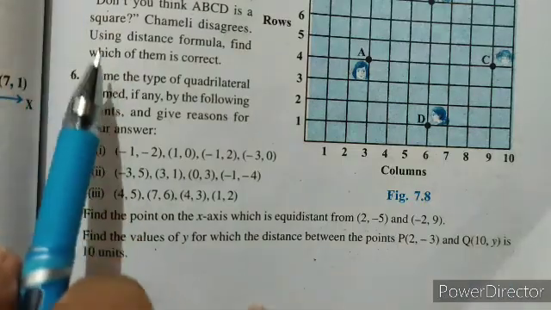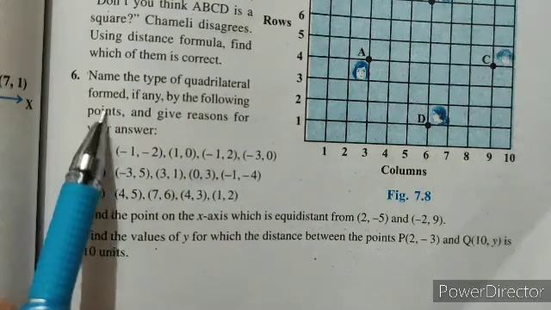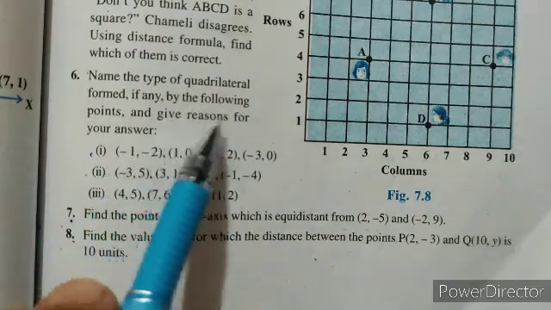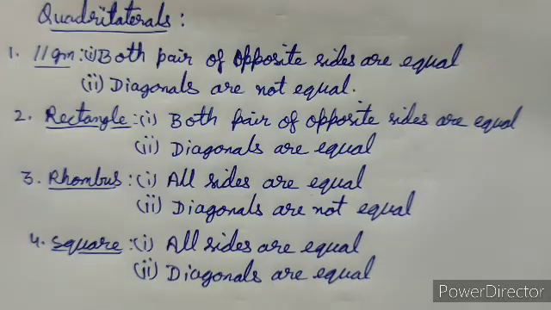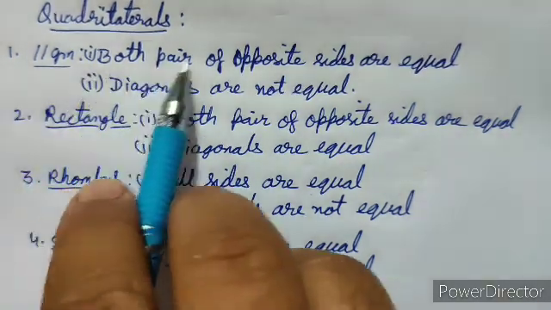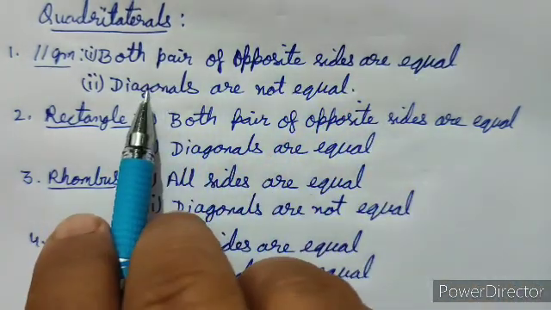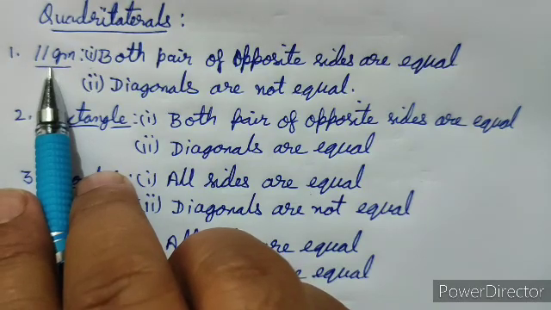Now in question number 6, name the type of quadrilateral formed, if any, by the following points and give reason for your answer. In this question we will use some properties of quadrilaterals. In case both pairs of opposite sides of a quadrilateral are equal and diagonals are not equal, then we can say that it is a parallelogram.